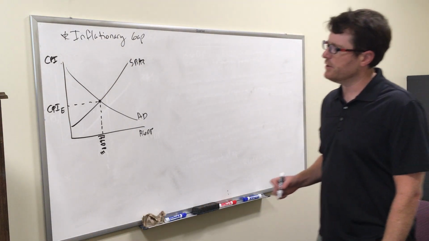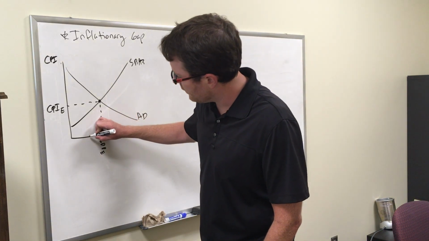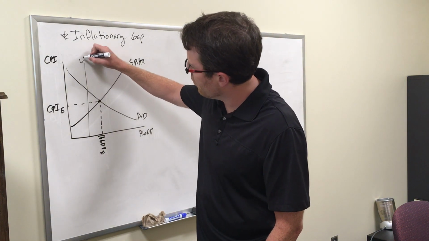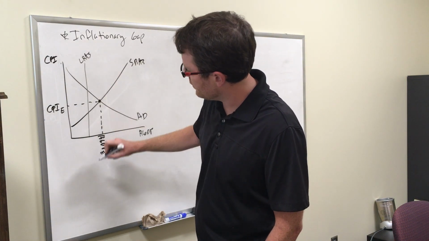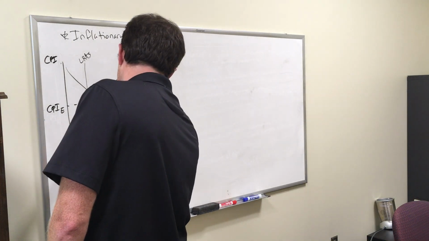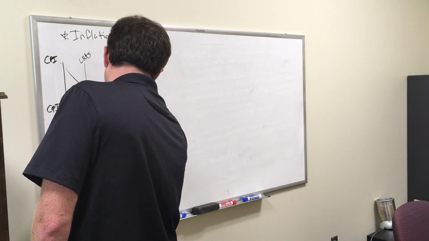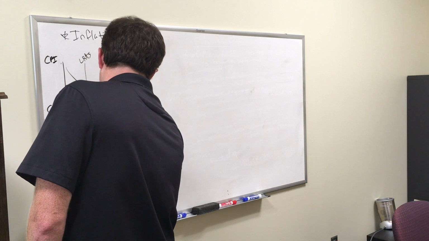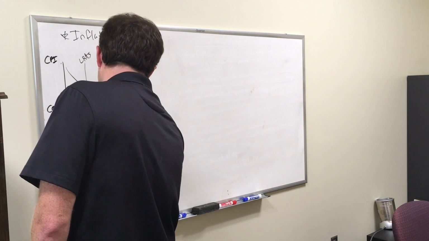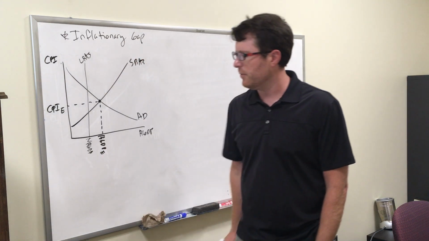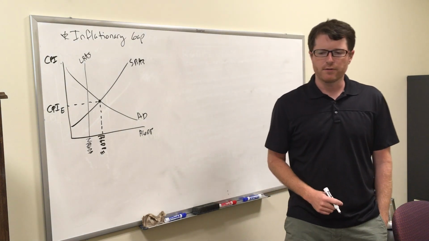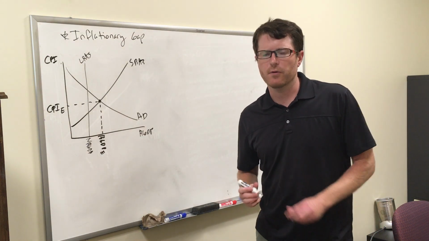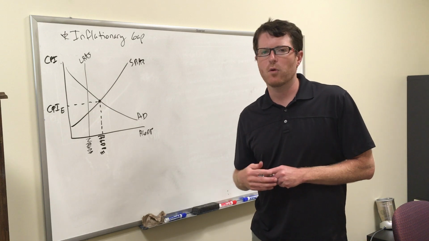And then if we're in an inflationary gap, it must be the case that we're producing more than our long-run potential. So here's our natural real GDP here. All right, and if this is confusing to you, that this economy is producing more than its potential, go back and check out the first video in Chapter 9 where we explain why this matters and why it's important.